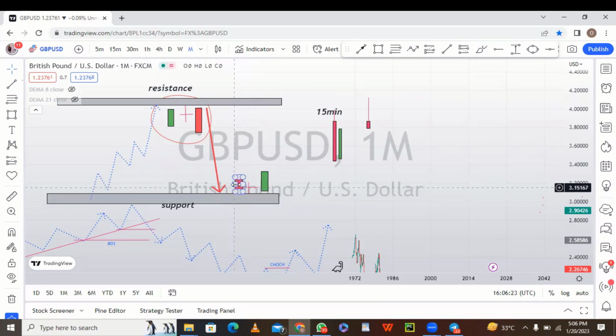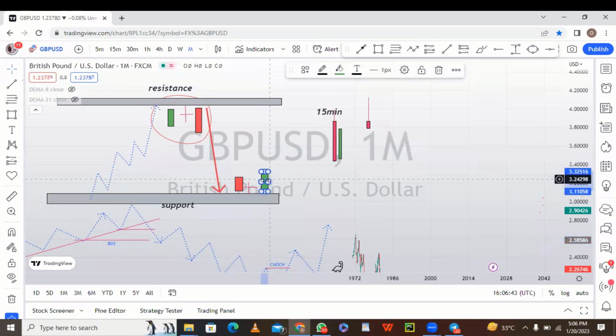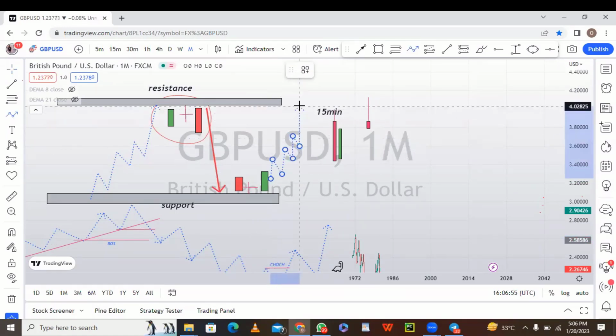So when this battle started, the sellers were winning the battle. Okay, but at this point, nobody is winning. But at the end of the battle, what happened is that the bulls, or those that are buying the market, eventually won this battle. So the resultant effect is that you may likely see the market, after the formation of this candle, rallying to the upside like this.